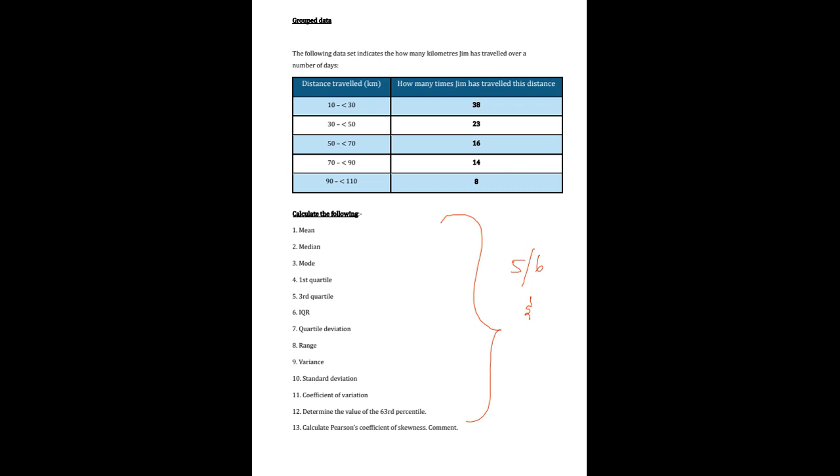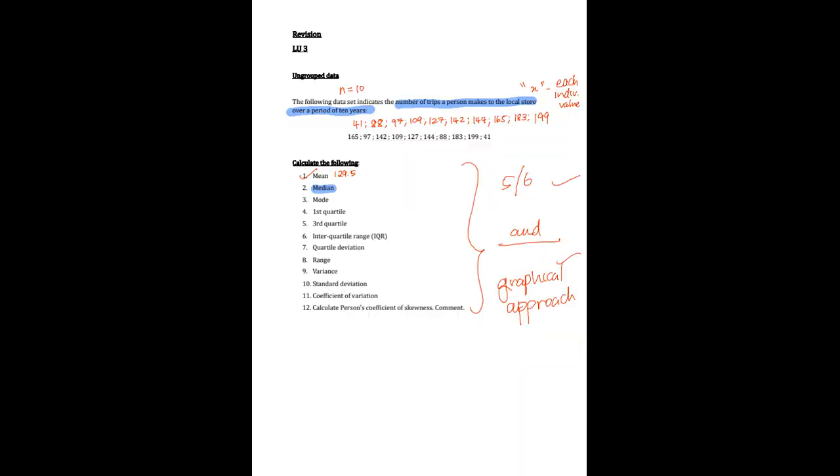It's either a table or it is a specific graph that's drawn up here, but we'll obviously look at that next week. But there is always either a table or a graph that needs to be drawn up under each section. So there's no getting away from that, because both grouped and ungrouped will have a graphical approach.